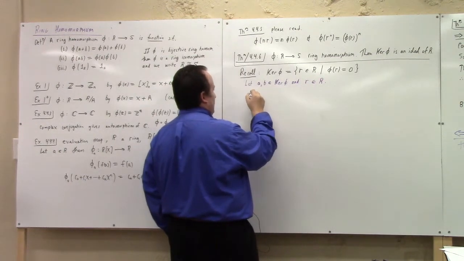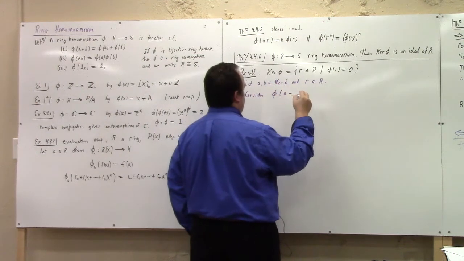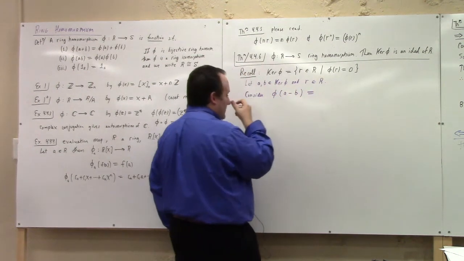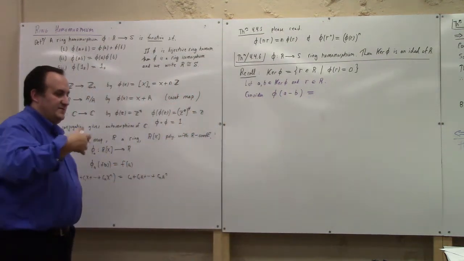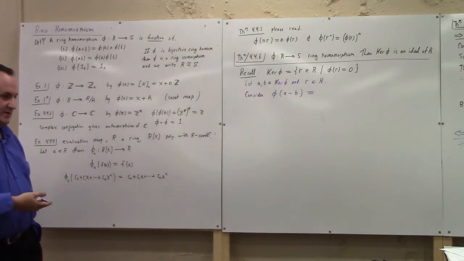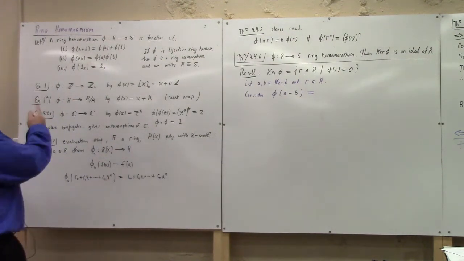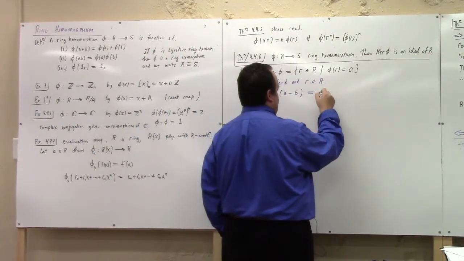Well, number one, consider phi of A minus B. What is that equal to? We don't get to say A and B are 0. What we know is that phi of A is equal to 0 and phi of B is equal to 0. But we have that thing, number 1. A consequence of that is this.